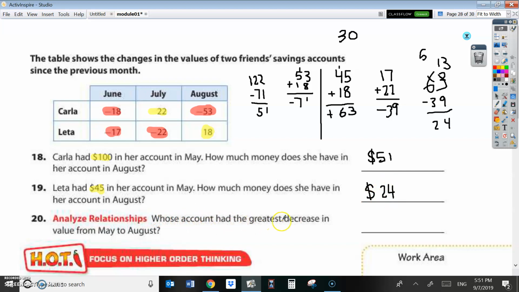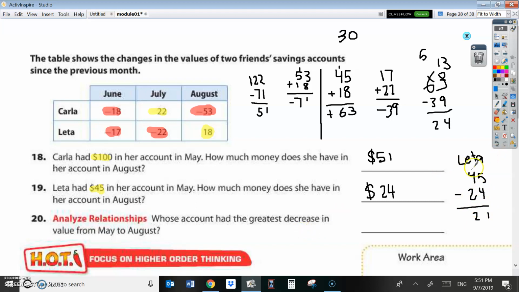Whose account had the greatest decrease in value from May to August? So Lita went down from 45 to 24. She had 45, now she has 24. So Lita went down, it looks like $21.